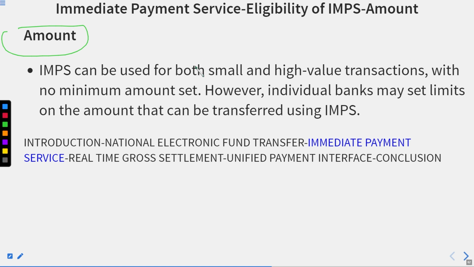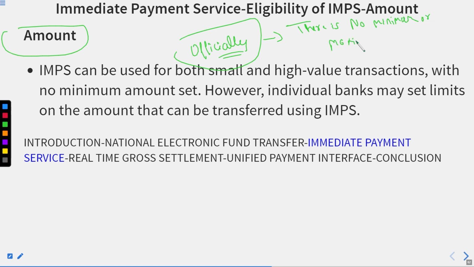Okay, so you could say that officially there is no minimum limit.